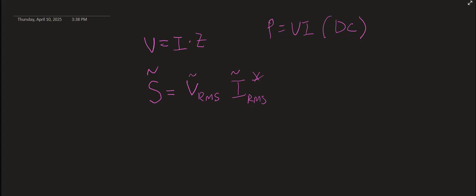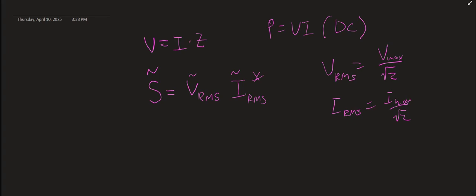Okay, so the reason that you sometimes have a 1/2 and sometimes don't have a 1/2 is if they give you peak, then you put a 1/2 in, because V RMS equals V max over the square root of 2, and I RMS equals I max over the square root of 2.